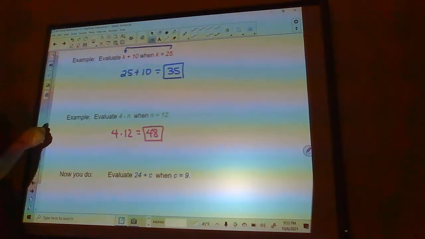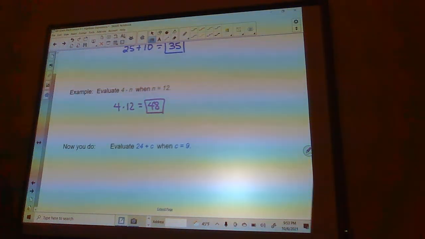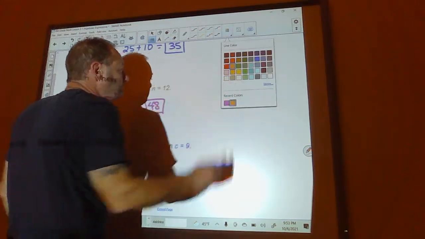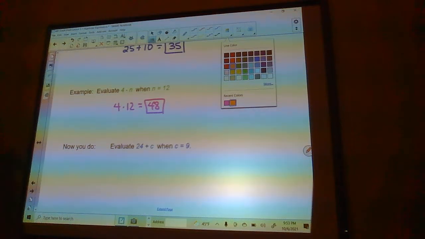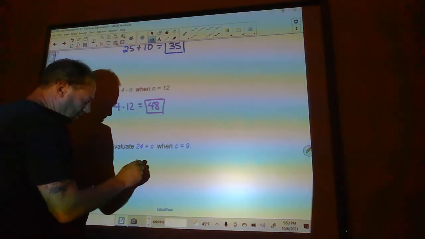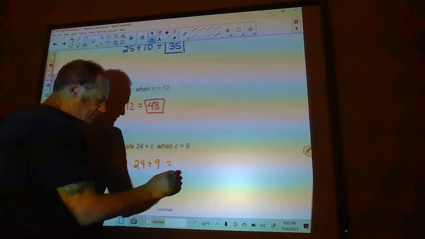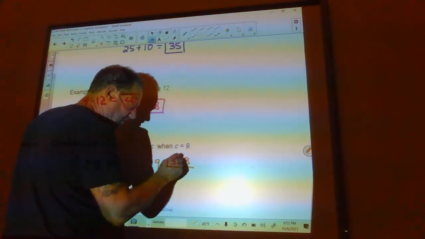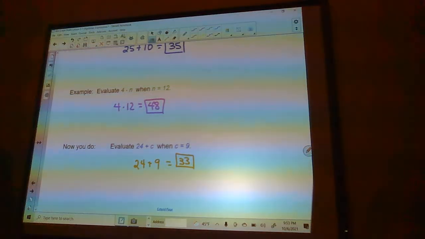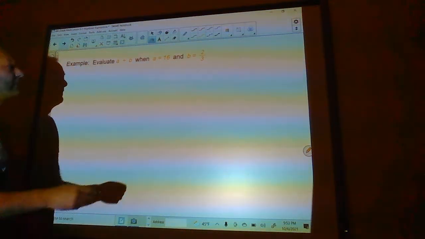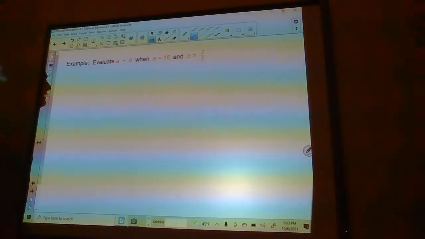Okay, here's one for you to do. Pause the video, take a look at this, and then check back and see if you got the right answer. Okay, so if I take 24 plus c, but c is 9, this becomes 33. Okay, evaluate a divided by b when a is 16 and b is 2/3.